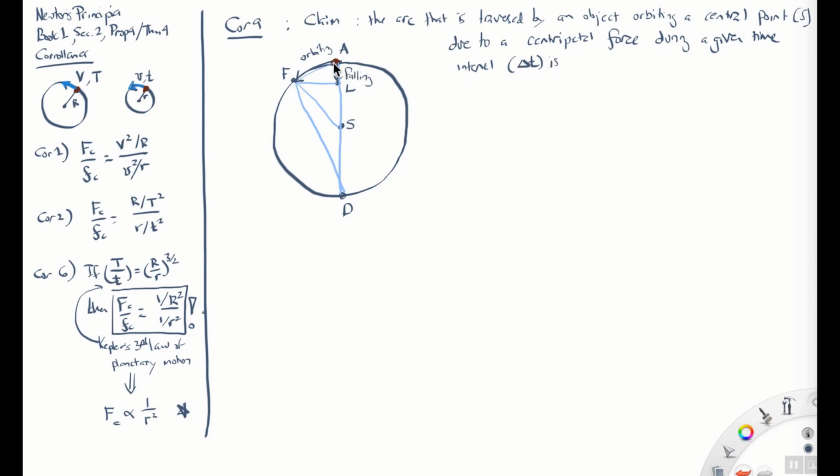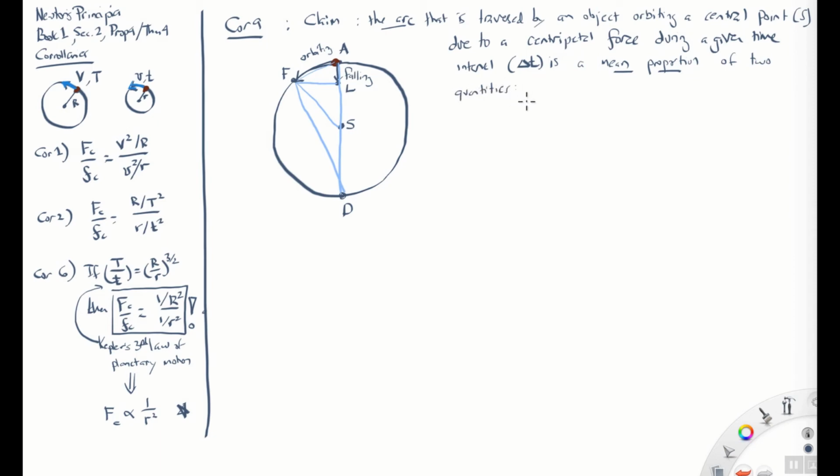Now, what is that arc? It's going to be related mathematically to some other quantities. So he says that arc is a mean proportion. I'll explain what I mean by that in a moment. A mean proportion of two quantities. I'll just write this out and then I'll explain it for you.